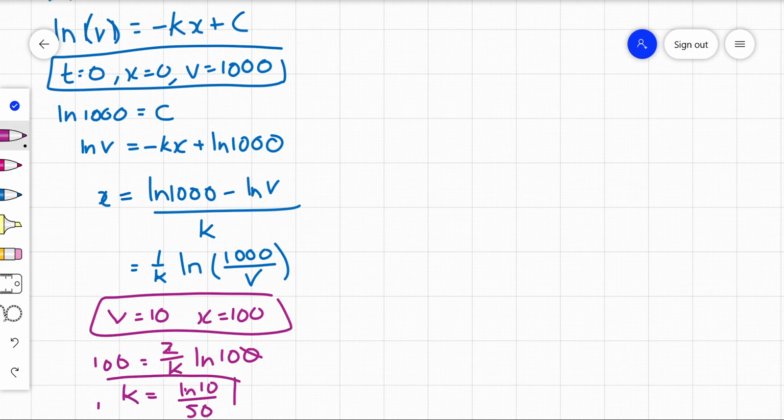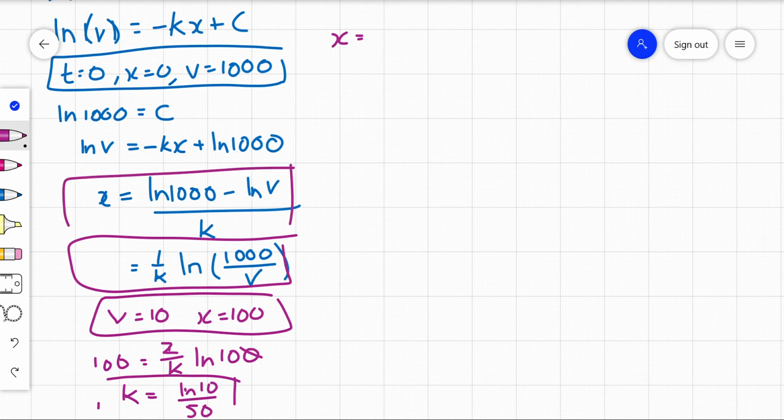So our x value becomes, so we've got 1 on k, so I'm coming back to here, doesn't matter which one. So 1 on k, so I'm putting that k upside down, so 50 on log 10, and I'm going to have log of 1,000 minus log v.